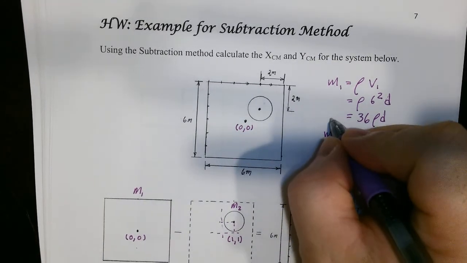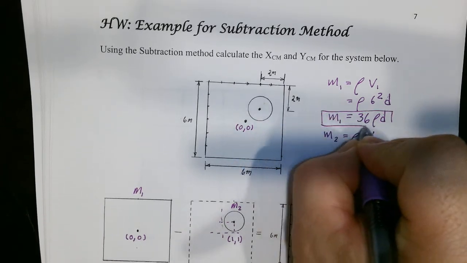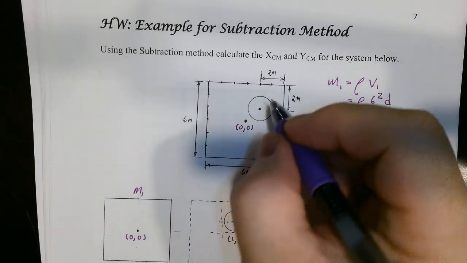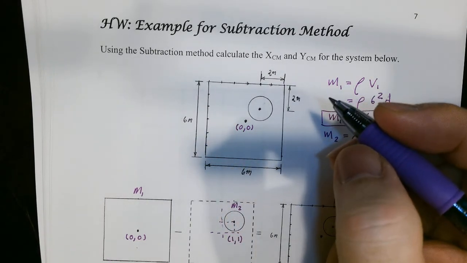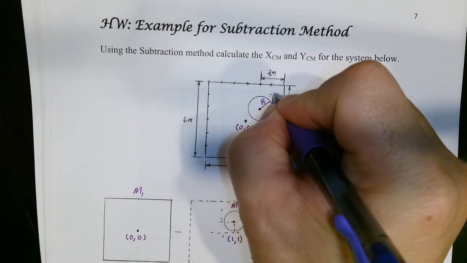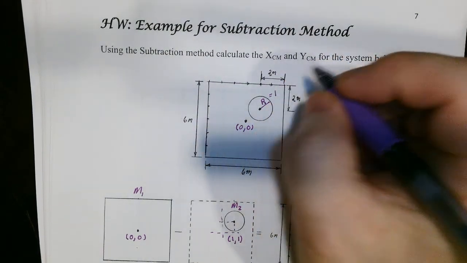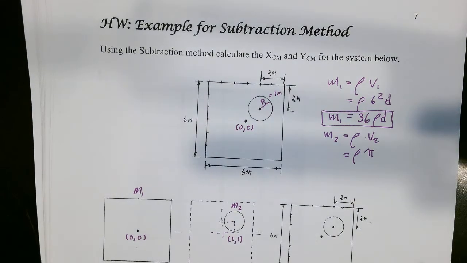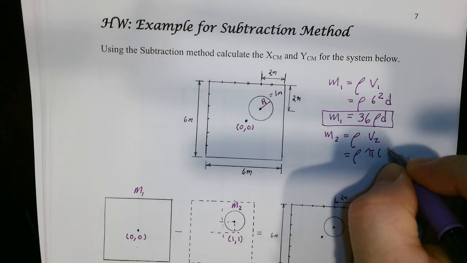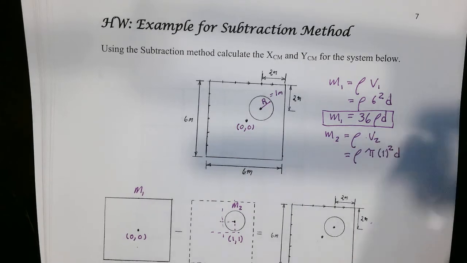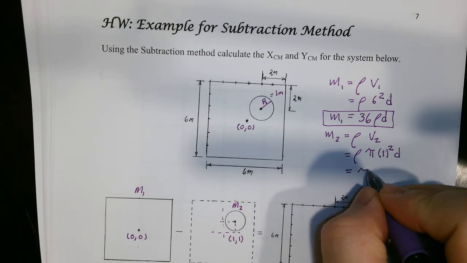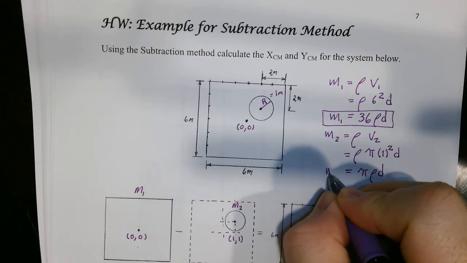So that is rho times pi r squared d. R happens to be 1 meter. Therefore, pi rho d will be my m2.